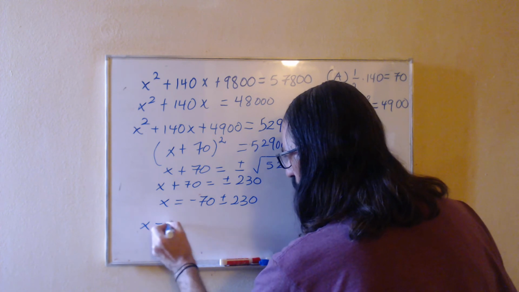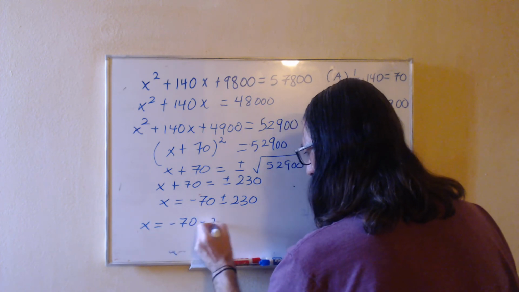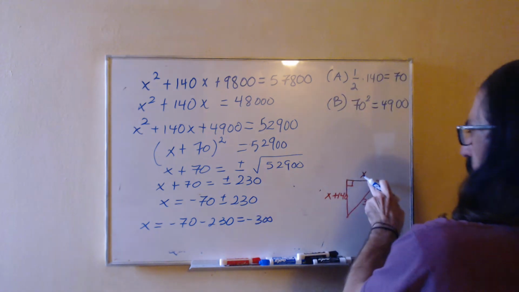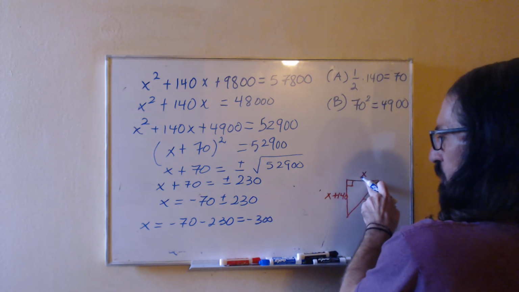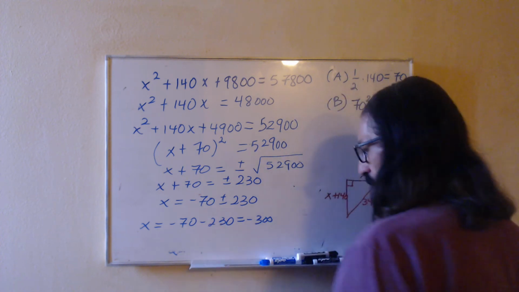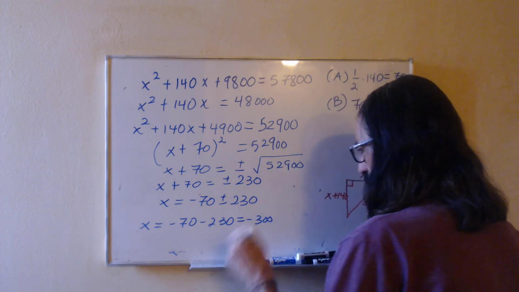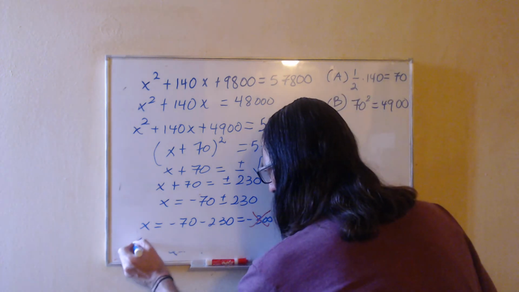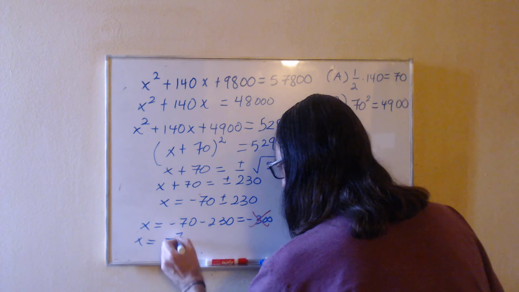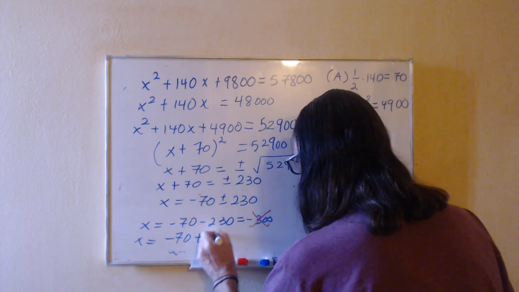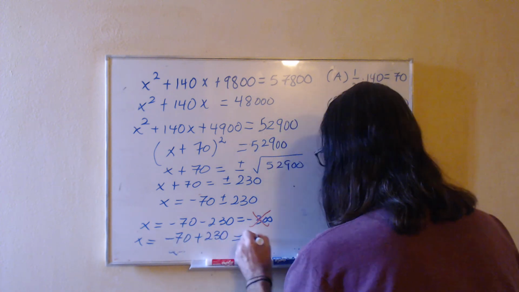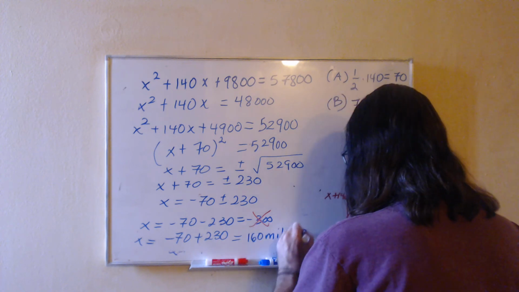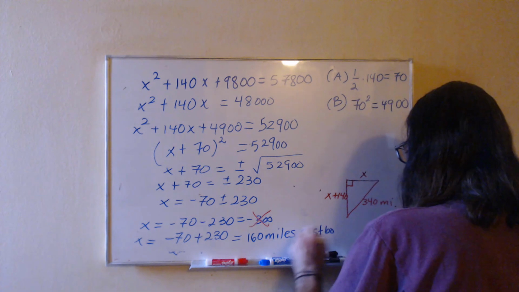Obviously, the subtraction case is going to lead to something rejected. The idea that the eastbound ship would be going negative 300 miles doesn't compute. So instead, add the 230. It's going to give us 160 miles for the ship that is eastbound.